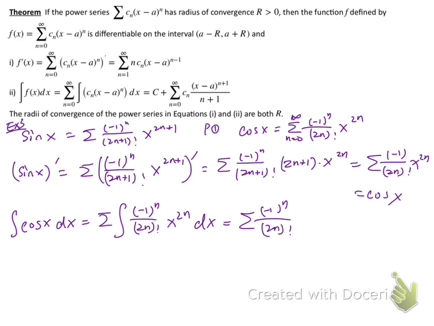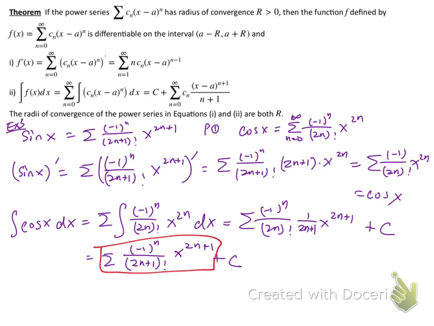Now the antiderivative of x^(2n): you add the power by 1, then you flip the exponent, and the whole thing is up to a constant, so you plus c. And that gives you (2n+1)!. So you are getting the sum of (-1)^n over (2n+1)! x^(2n+1) plus c. And this is sine x.